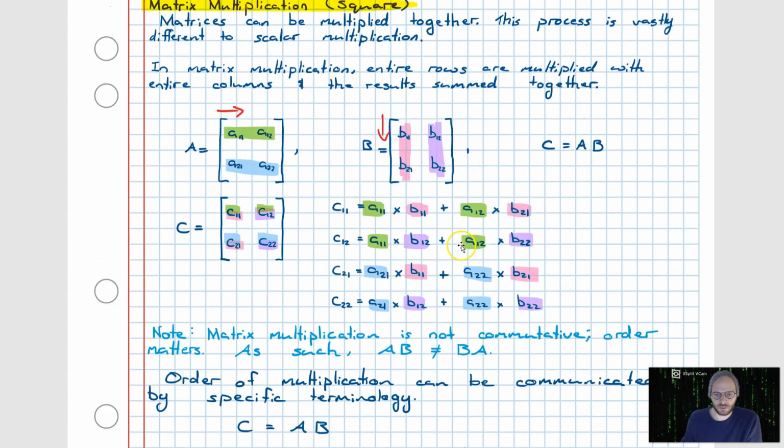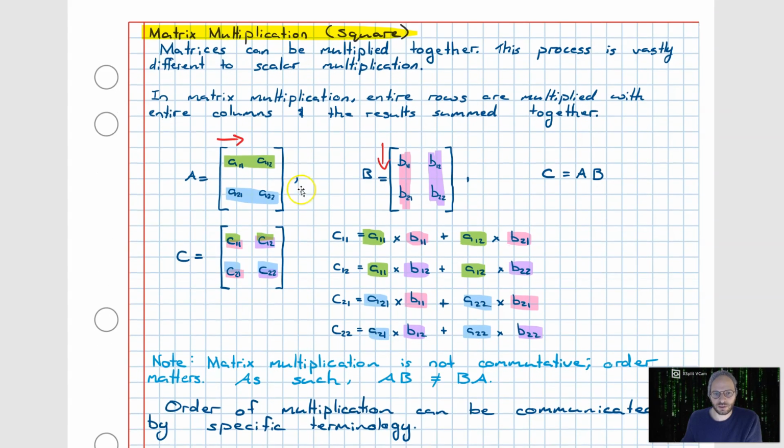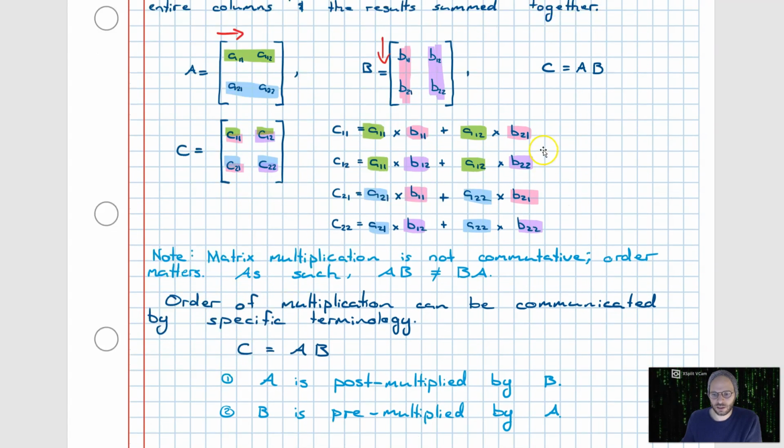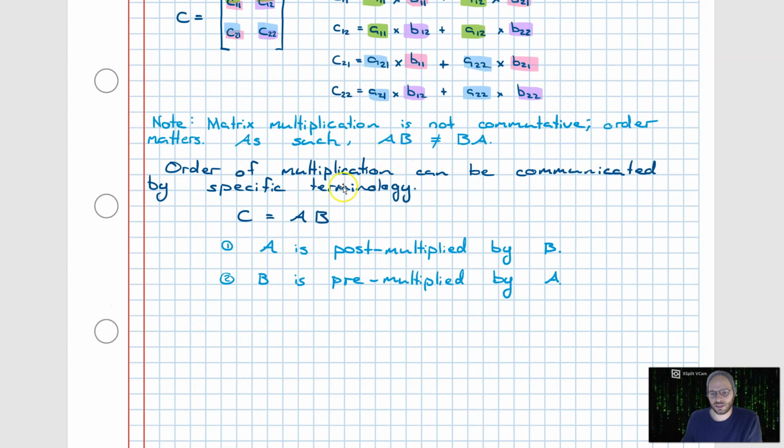So in summary, what we had a look at in this video was how we can do matrix multiplication on square matrices, so ordered matrices that have the same rows as columns. We looked at this algorithm here. We commented on the commutativeness, so AB is not equal to BA.